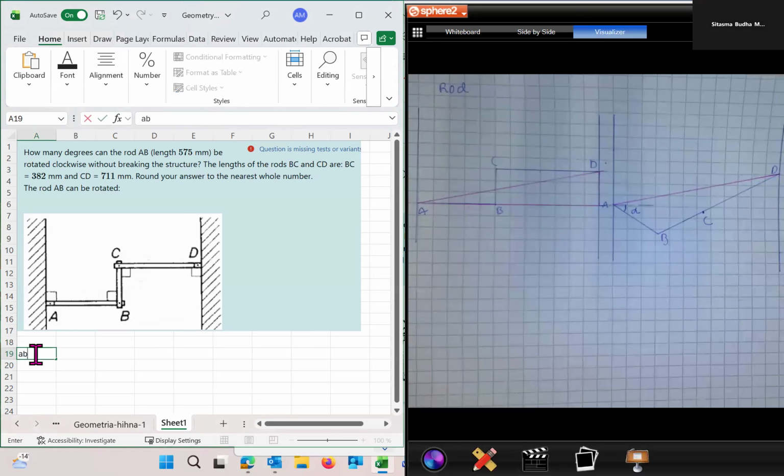So I know the lengths: AB would be, okay, let's make it correct, 575. CD would be this.